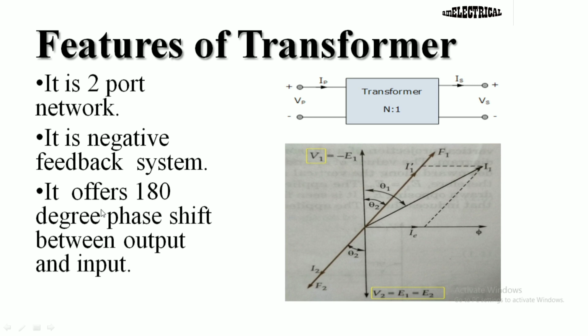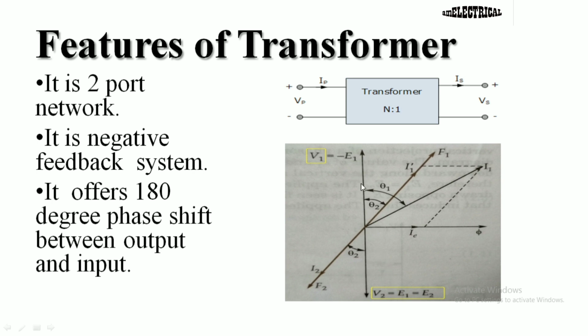It offers a 180-degree phase shift between output and input. When we discuss the phasor diagram of transformer, then we'll see this type of figure. Here you can see the input voltage and the output voltage V1 and V2 are 180 degrees apart.